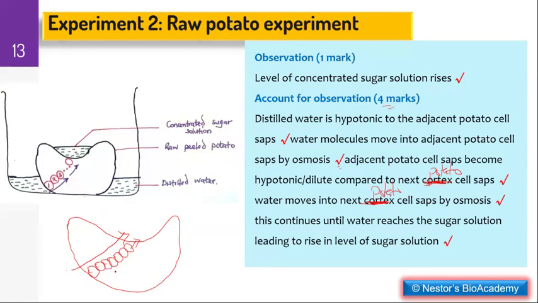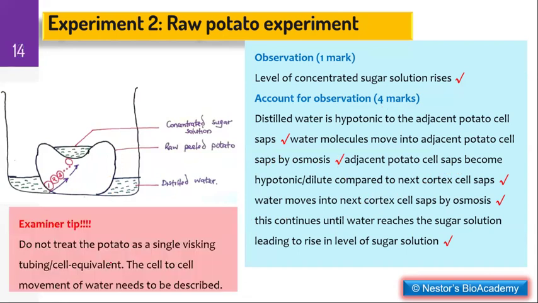And therefore, it's always ideal that when responding to this question, you indicate the cell-to-cell movement of water. We are not going to treat this as a single semi-permeable membrane, like in the case of the Visking tubing that we have observed in the previous experiment.